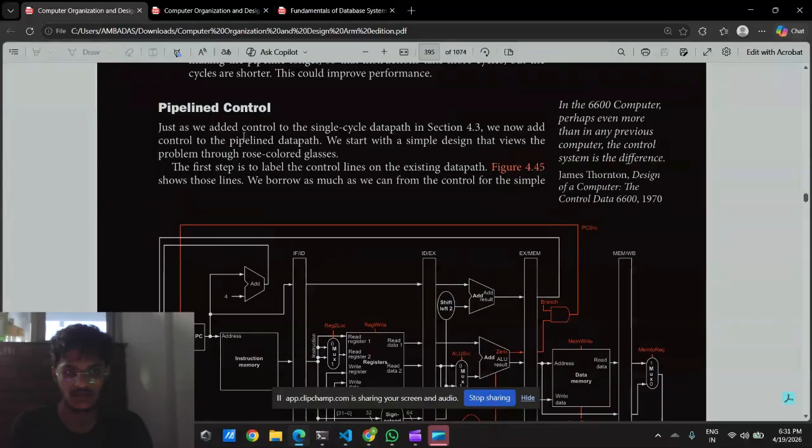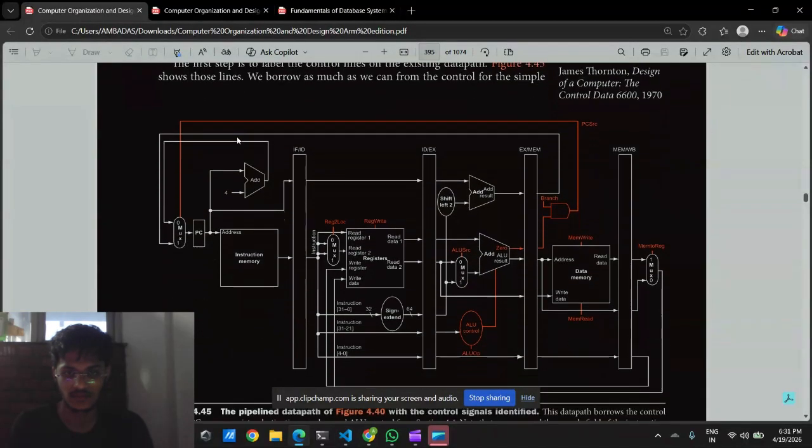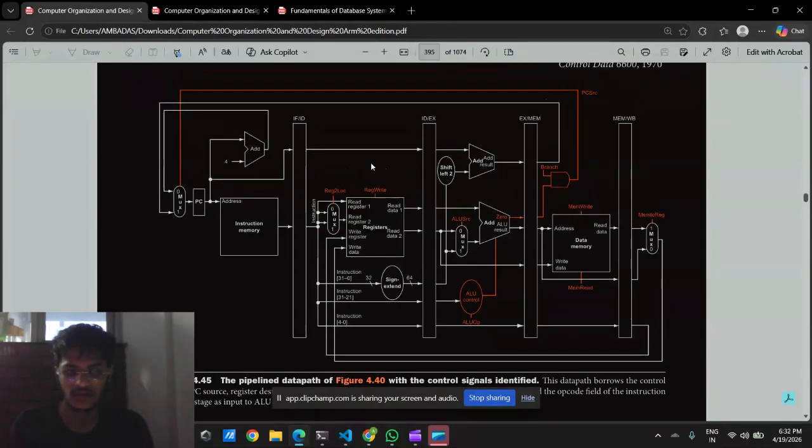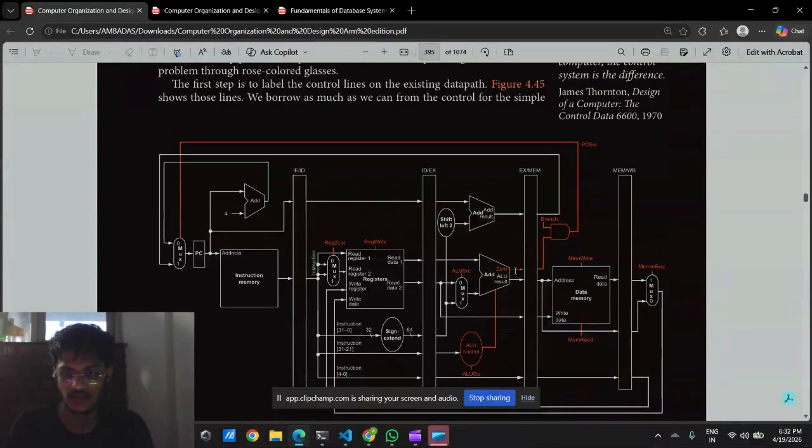Let's begin. So this diagram is the pipeline data path. In this they have included the control signals. The red color lines you can see are the control signals. It checks whether the branch is a conditional branch.